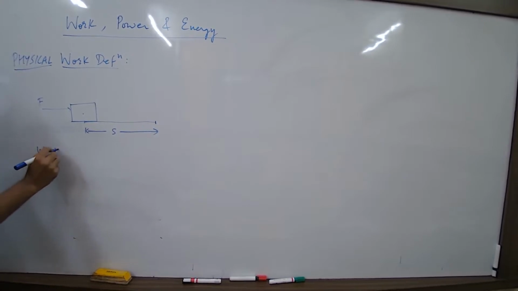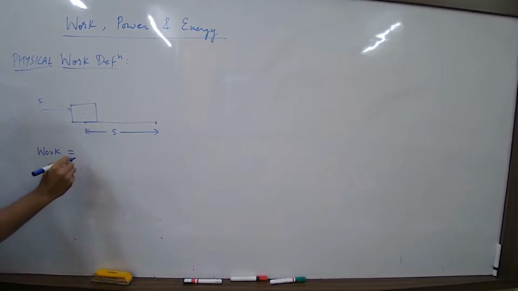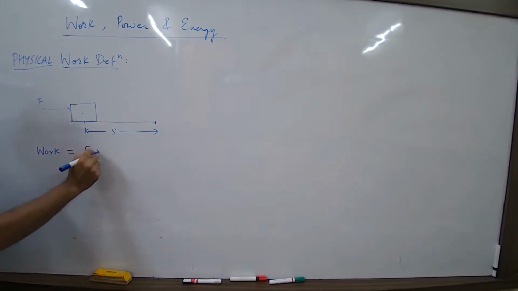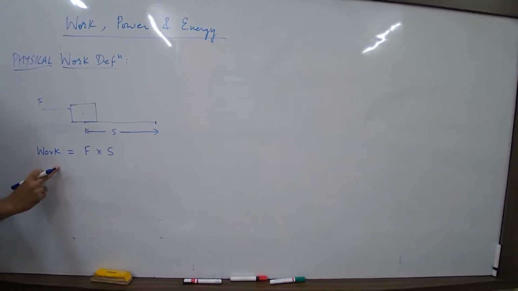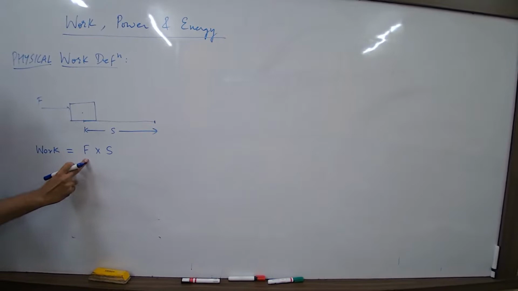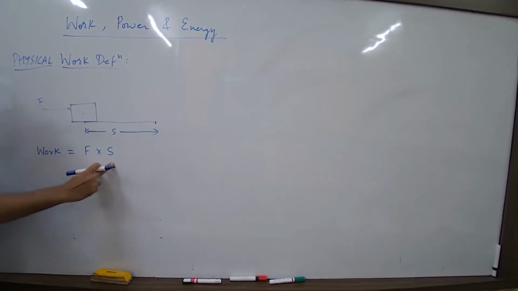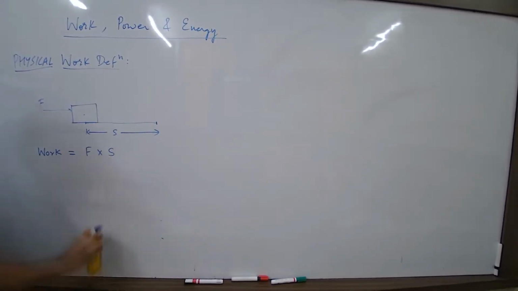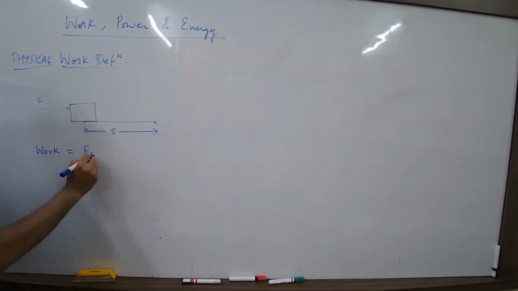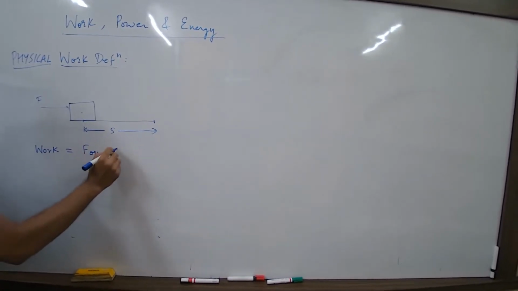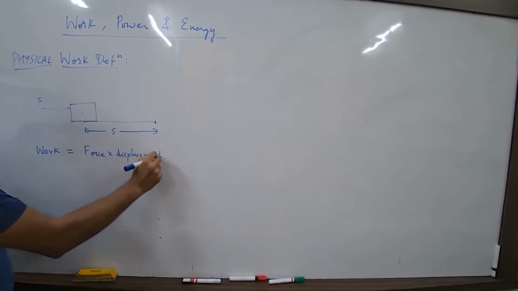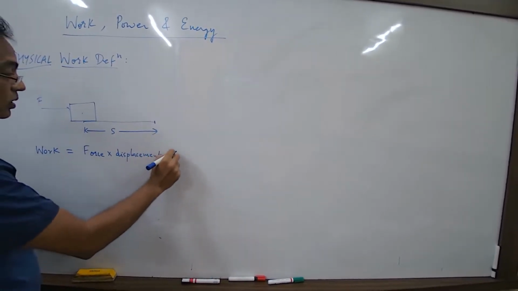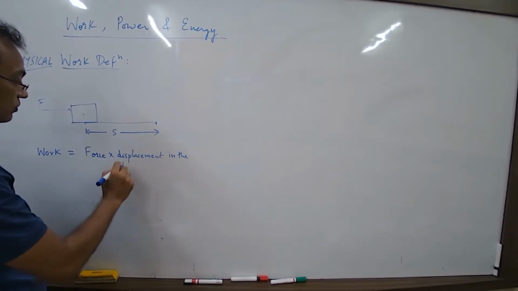So work done is defined as the product of force with displacement. Got it? Work is defined as the product of force and the displacement in the direction of force.